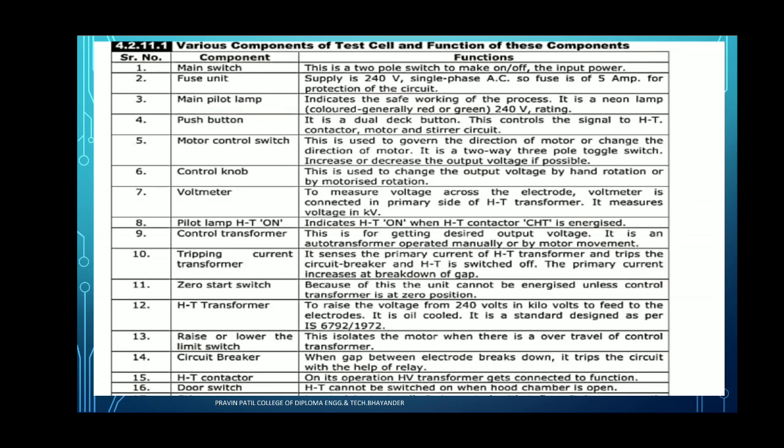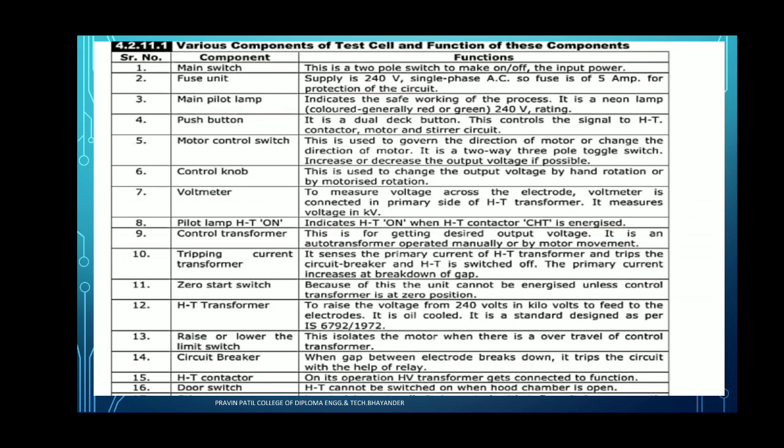Next, the ST contactor. It is used for operation of the high voltage transformer and for connecting it to the supply.